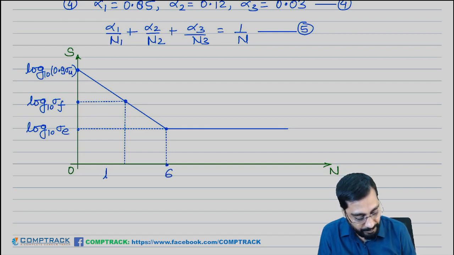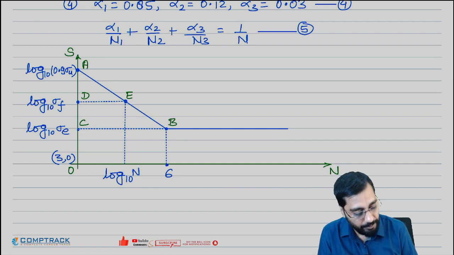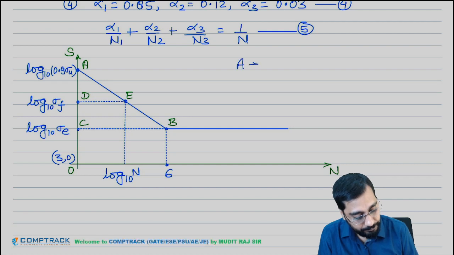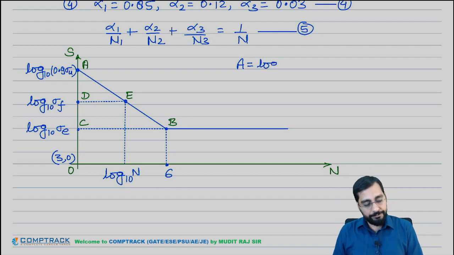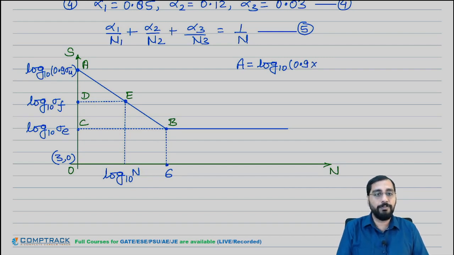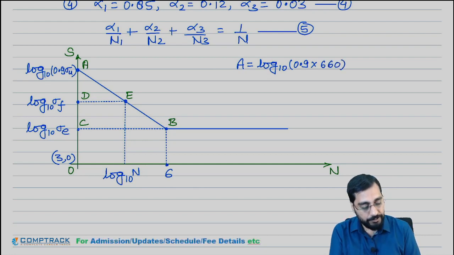Here it will be 6, here it will be log 10 N, and here it is 3, 0. Point A, D, E, C, B. Now find the value at point A. Point A value will be log 10 of 0.9 sigma u. What is the value of sigma u? 660. So check this value, it will be 2.7738.